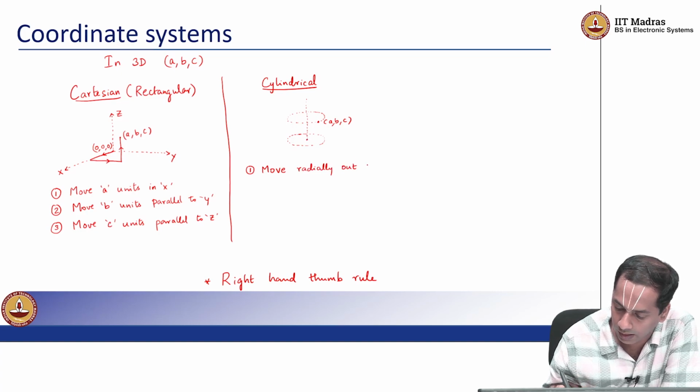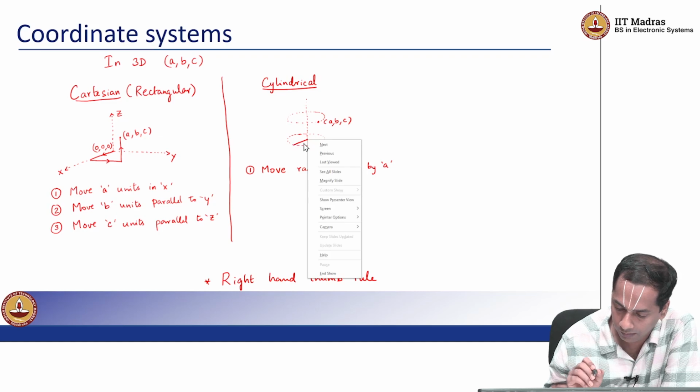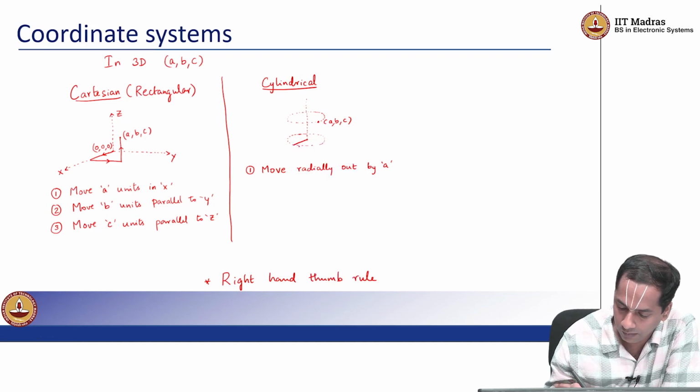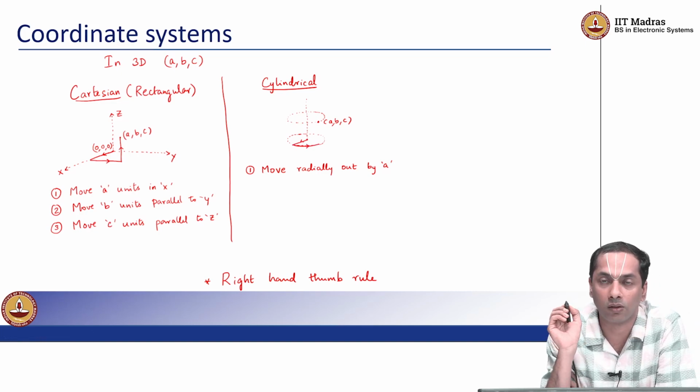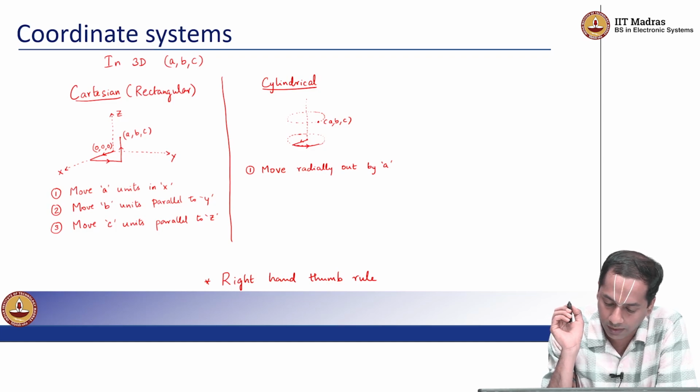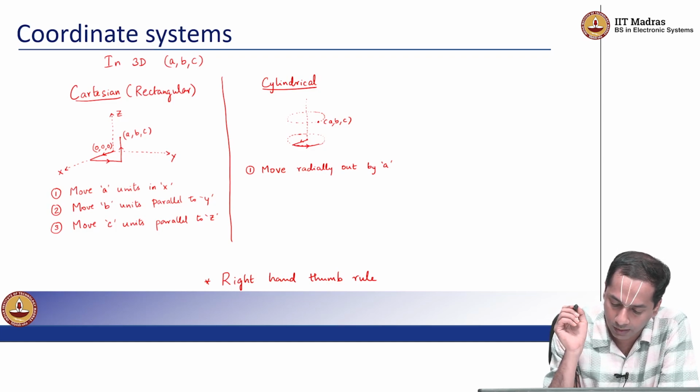So I move radially out by A units, okay, and then I follow the path along the arc that I've shown, right?